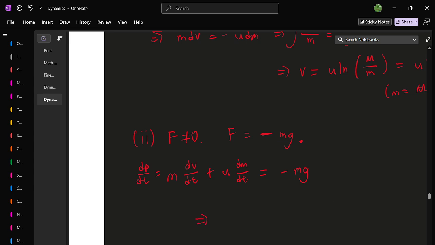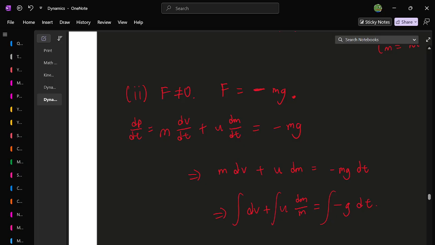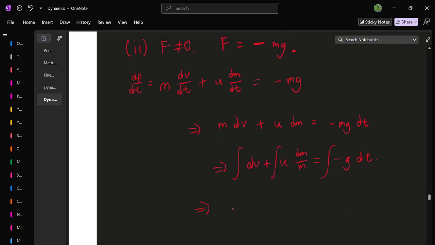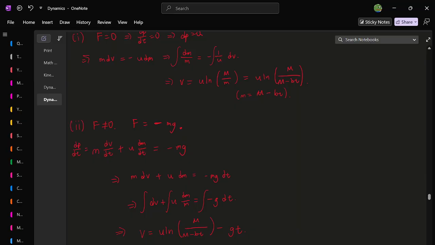This means that m dv plus u dm equals minus mg dt, and we have dv plus u dm over m equals minus g dt. Now we integrate, and eventually, after a whole bunch of rearrangement, you should get this. And these are your two answers for I and II.